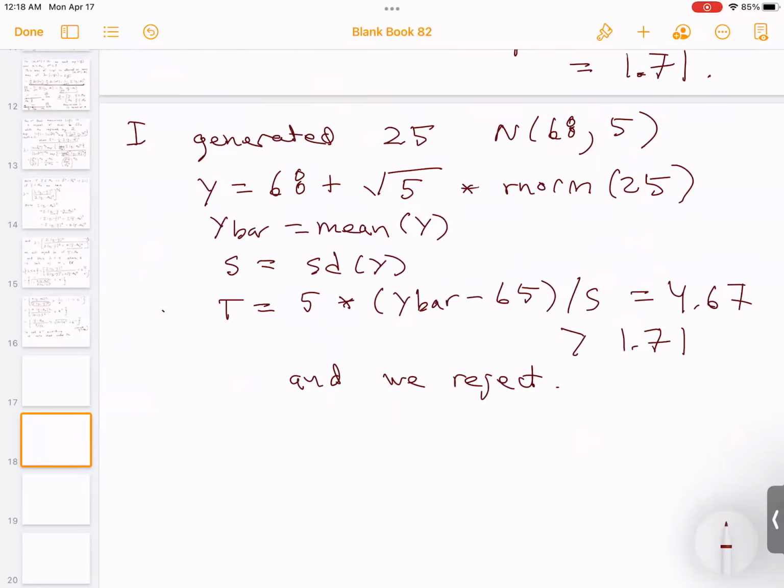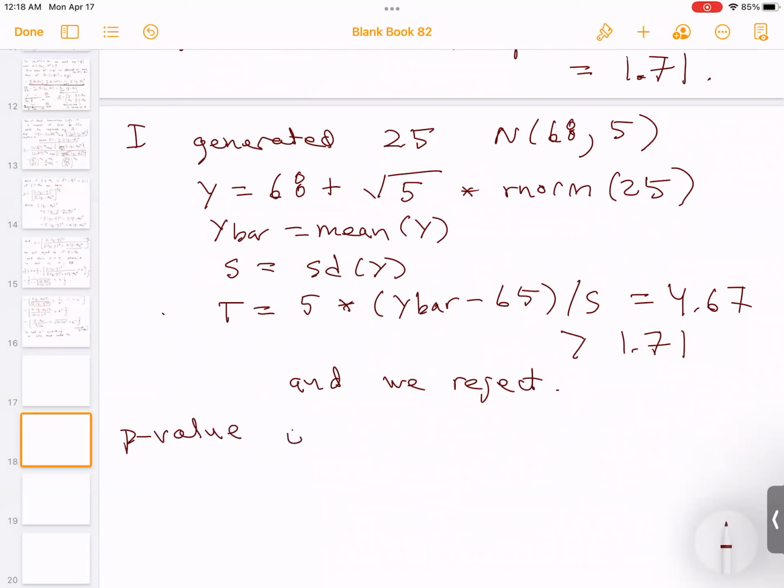What's the p-value? The p-value for this numeric example is 1 minus pt 4.6724, which is equal to 0.00000489, something like this.